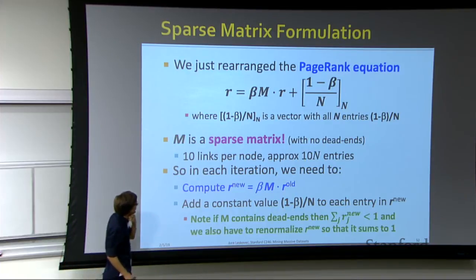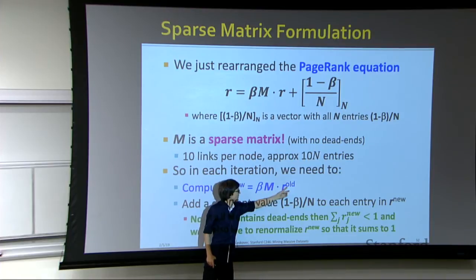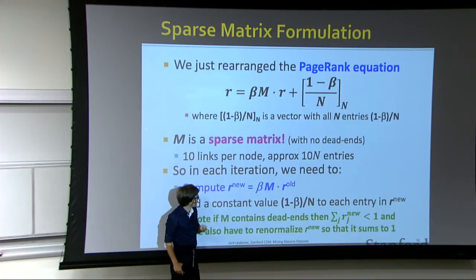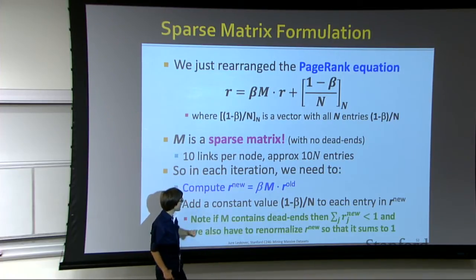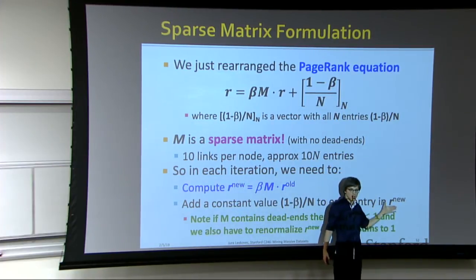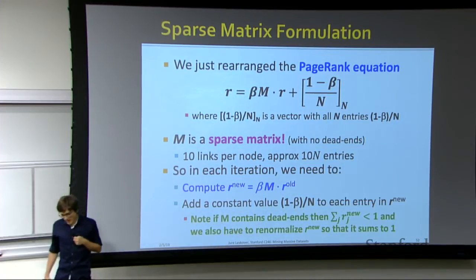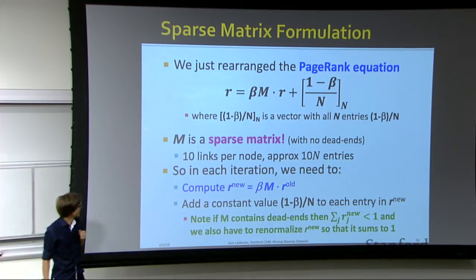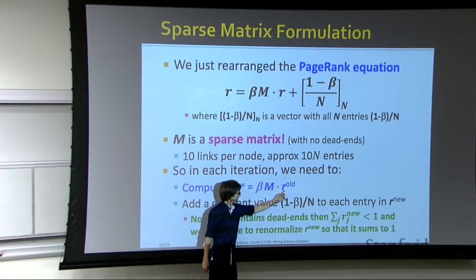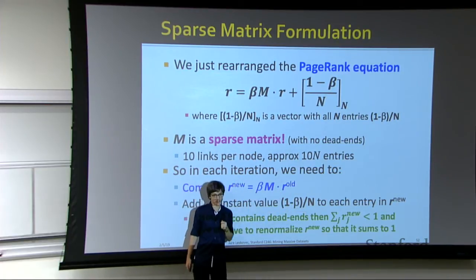All I need to do in every iteration is take the old version of r, multiply by M, multiply by beta, and I get the new r. Then I add a constant of (1 minus beta) over N to every entry in this new r. And I just keep iterating, and this will nicely converge. So this is really the PageRank algorithm.